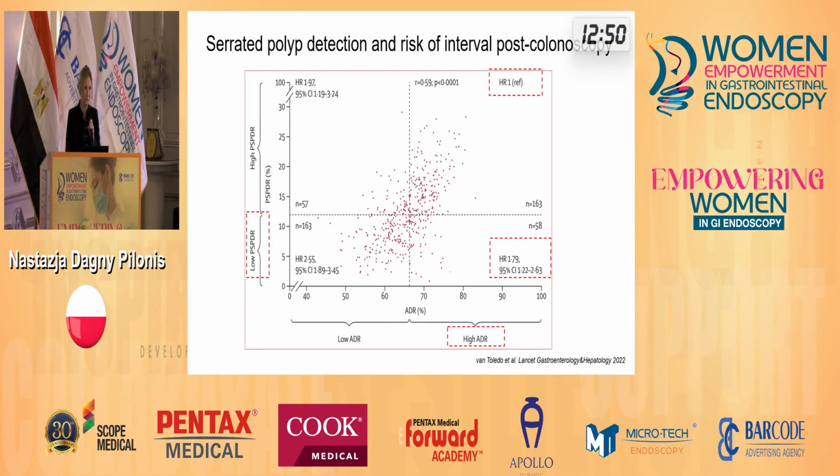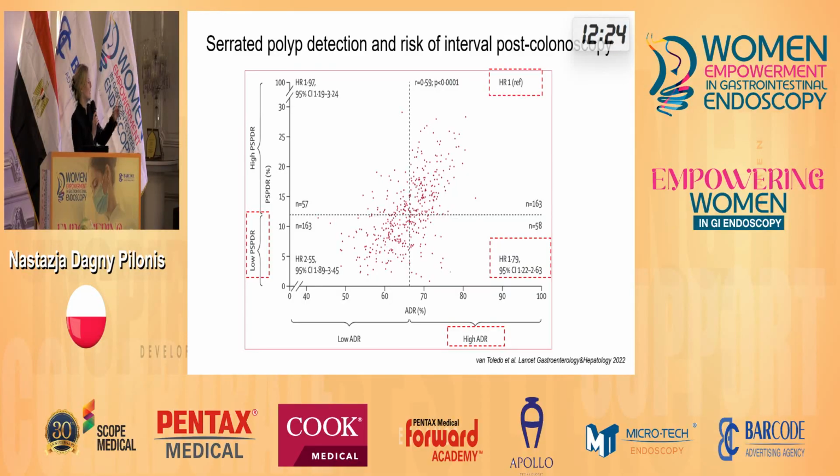I will talk about them in detail very soon. I just wanted to show you results from a big population-based analysis from the Netherlands. They asked this question: if the endoscopist has high detection of adenomas but low detection of serrated lesions, is the risk of post-colonoscopy cancer high in those patients or not?